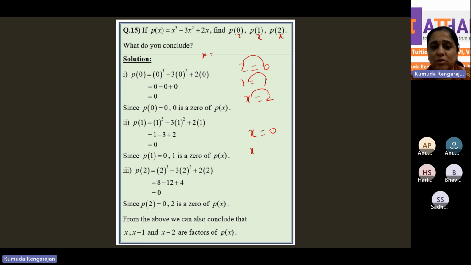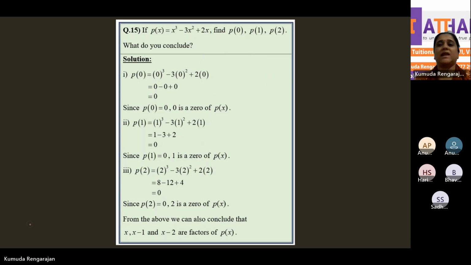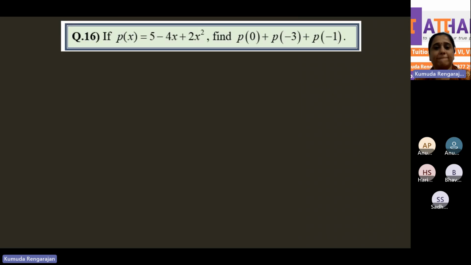So if x is 0, that means x is a factor. If x is equal to 1, x minus 1 is a factor. X is equal to 2, x minus 2 is a factor. Because only when you have x minus 2 equal to 0, you say x is equal to 2, right? I'll explain again in the next class. It's time, but I've just shared the answers with you.